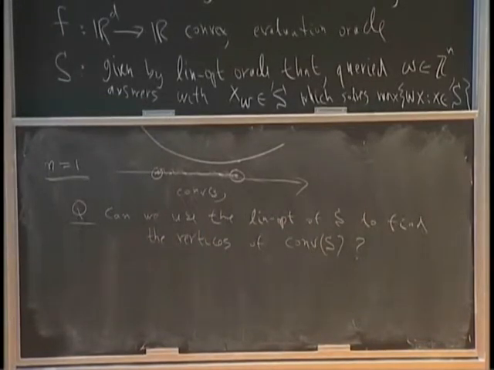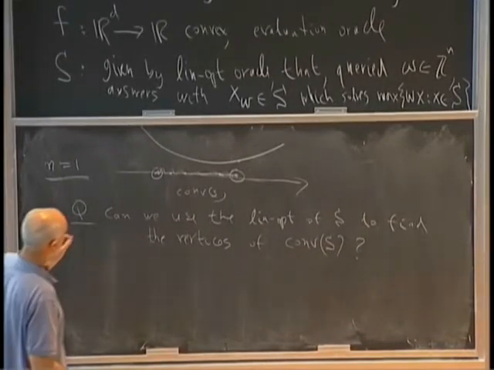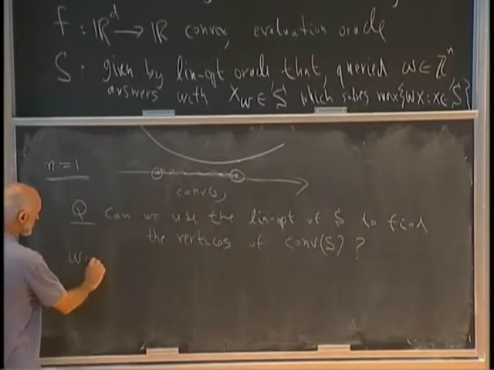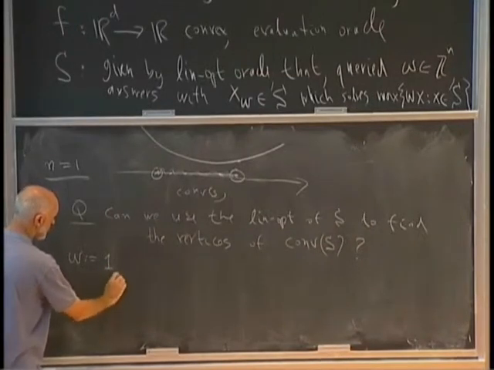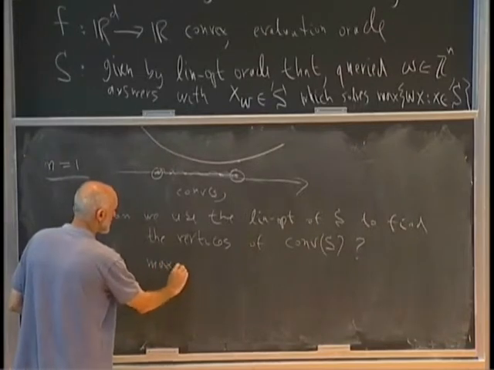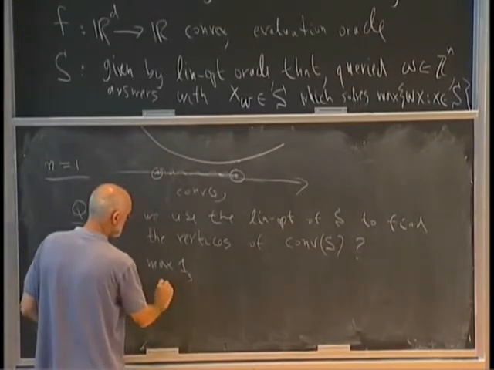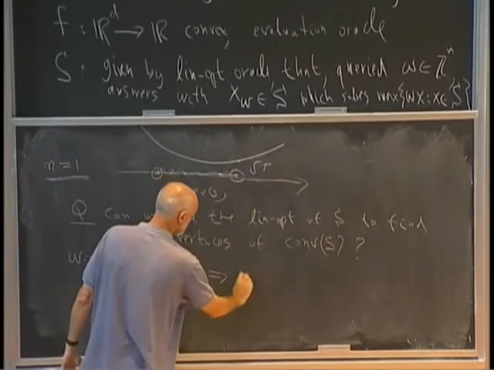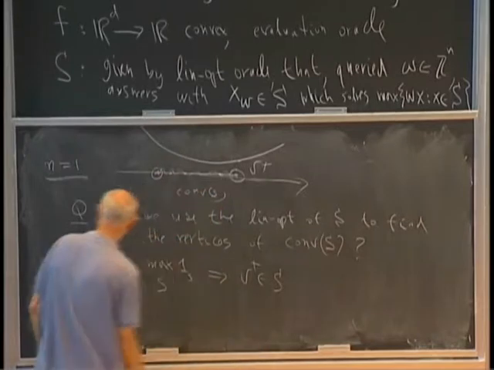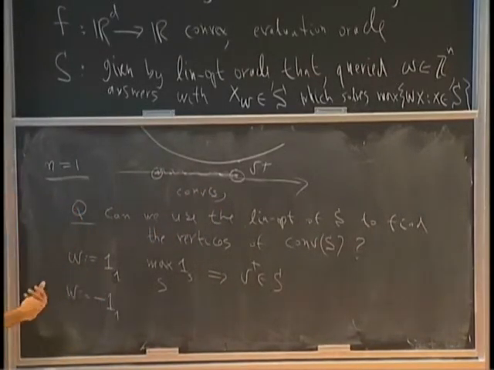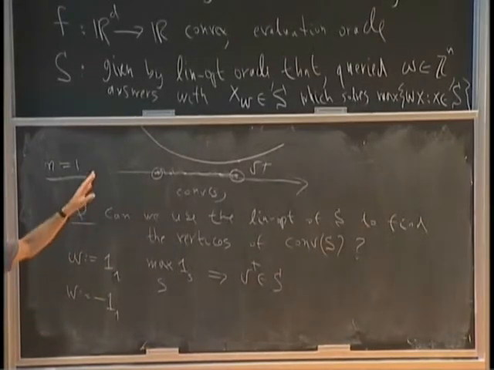Yeah, I mean, so I got the answer. You have to compute the maximum and the minimum, which means formally I would just take two linear functions. I would first take this W to be the unit vector, 1, and I maximize this over S. Then this gives me this vertex here, this V plus, let's call it, in S. And then I take W to be minus 1, and I simply want to stay formal with the oracle the way I put it.